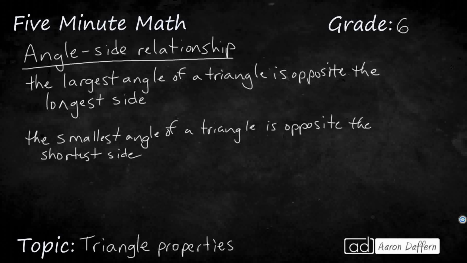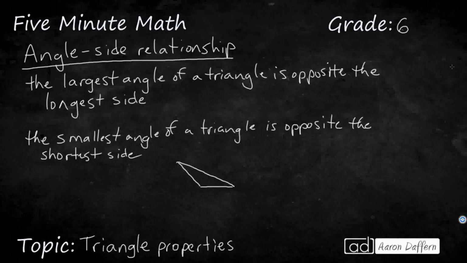Something else we know about triangles is called the angle-side relationship. That just simply says the largest angle of a triangle is always going to be opposite the longest side. The smallest angle of a triangle is always going to be opposite the shortest side. So let's see how that works. I'm going to draw an obtuse triangle here.